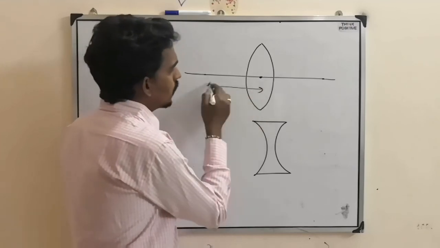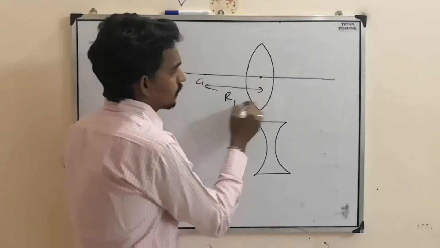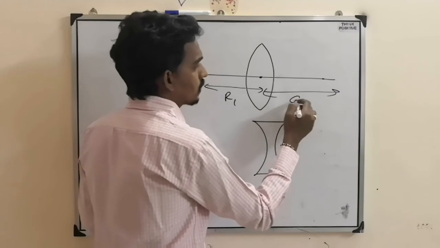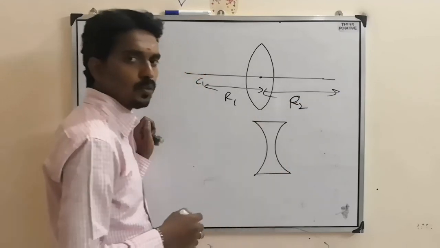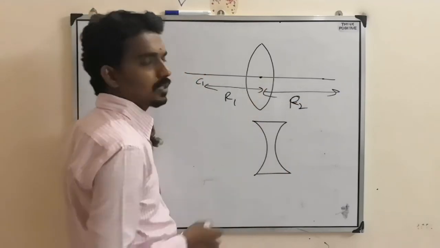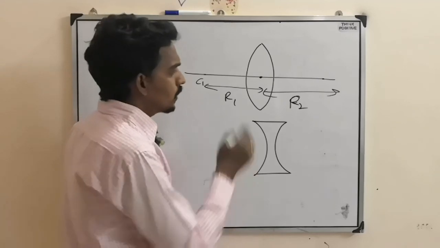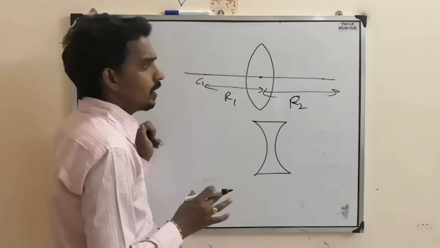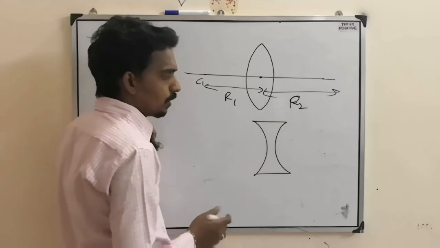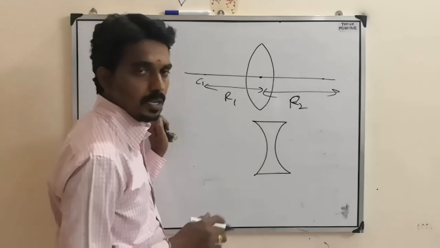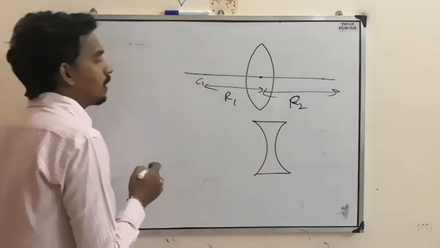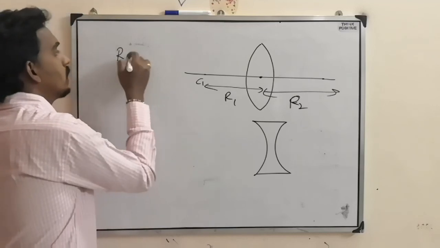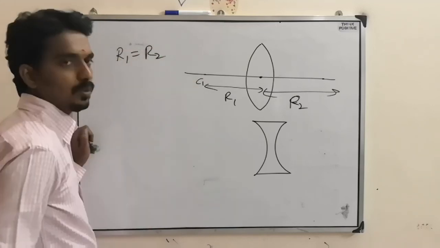Generally we will take R1 and R2 for concave or convex lens. But when they mention equiconvex lens or equiconcave lens, then we will take R1 equal to R2.